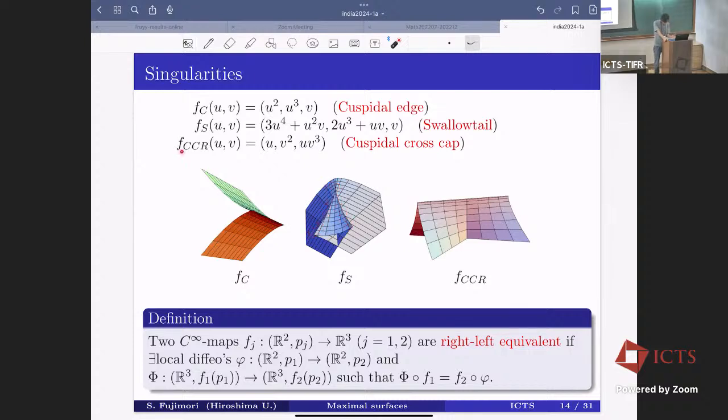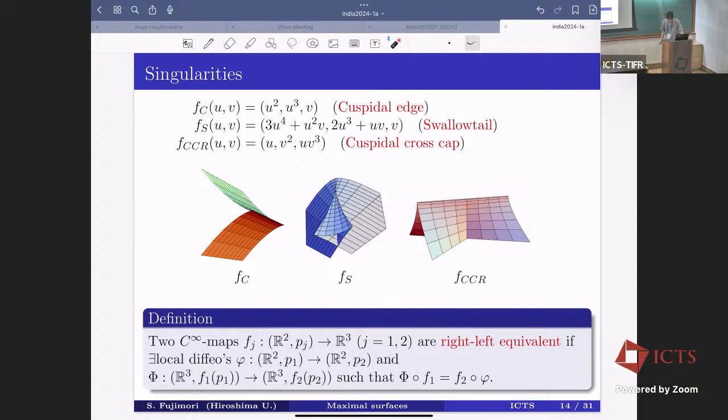And also, we consider this surface, we have singularities here, and you see, this point is a special point because the surface crosses here. So it is a cuspidal edge, but it crosses. So this is the special point called a cuspidal cross cap.